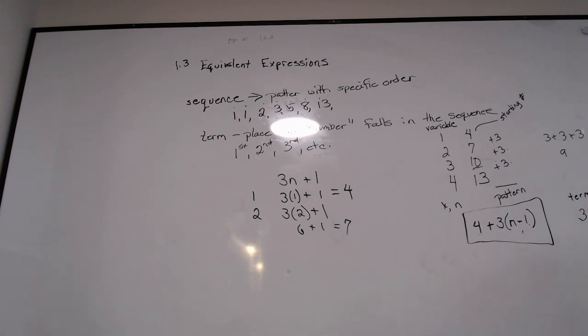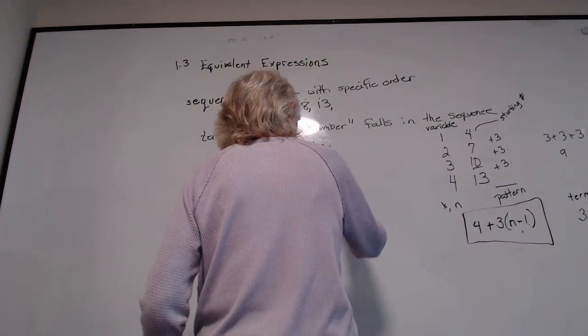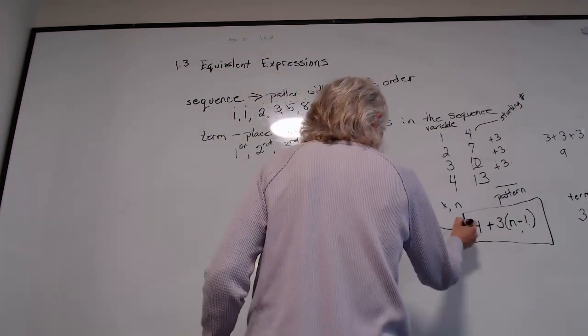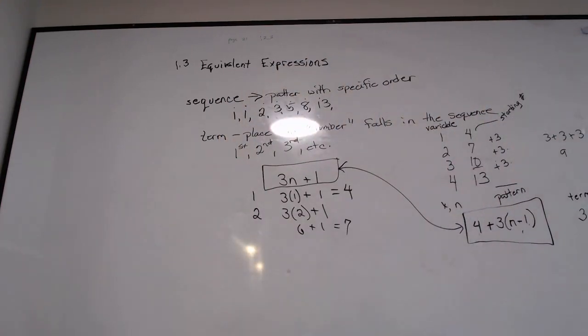Now, when we're talking about equivalent expressions, it's when two things give you the same thing. So this expression here, this rule here, is actually equivalent to this one, because no matter what term I put in, I'm going to get the same answer.